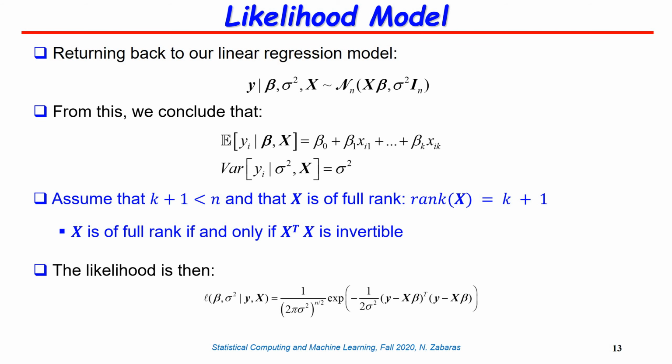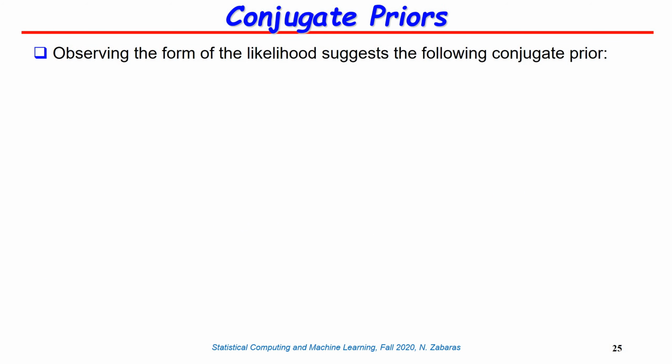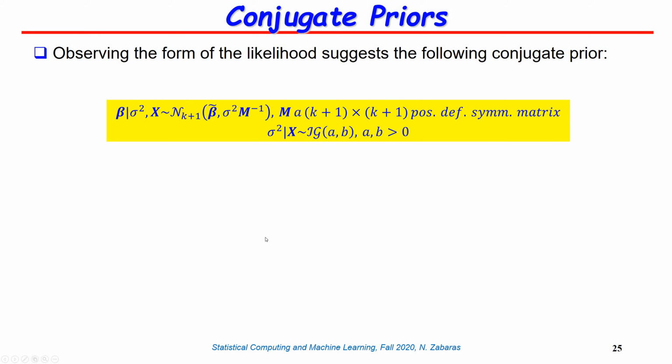All right, so let me proceed and talk a little bit about what we have seen in the context of conjugate priors. This is our standard normal inverse gamma conjugate prior. Given sigma squared, the prior on beta was a Gaussian. Remember, tilde of beta is the prior mean.